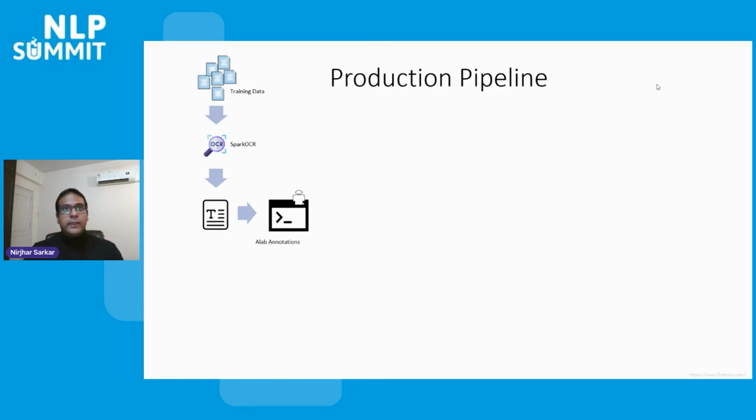We take a two-pronged approach here. One is we annotate at attribute level, and we also annotate at entity level. Attribute level annotation is basically you pick artifact by artifact, and then for each and every document, you annotate the attributes that you want to extract.